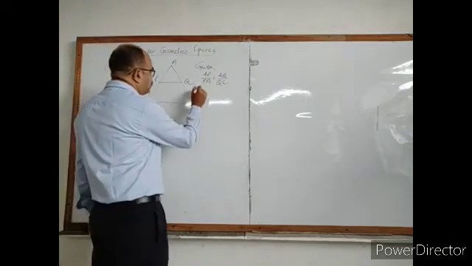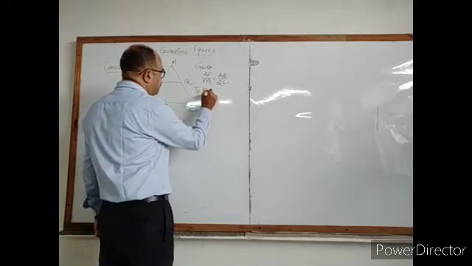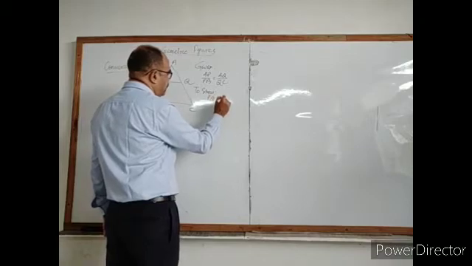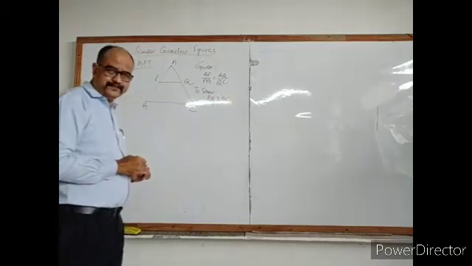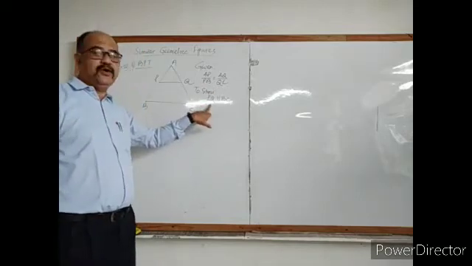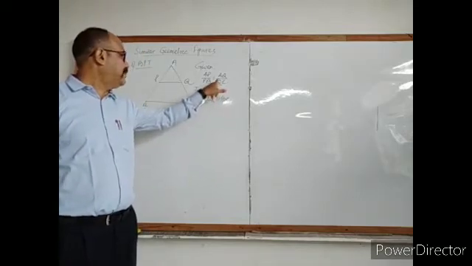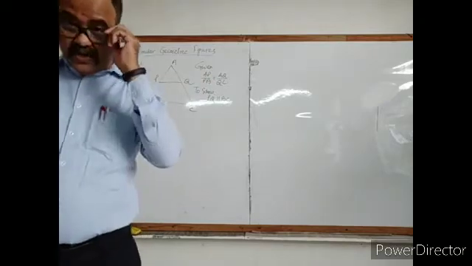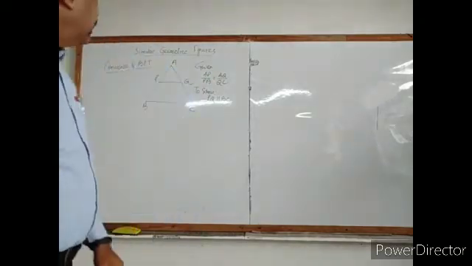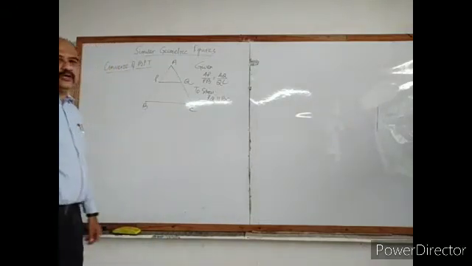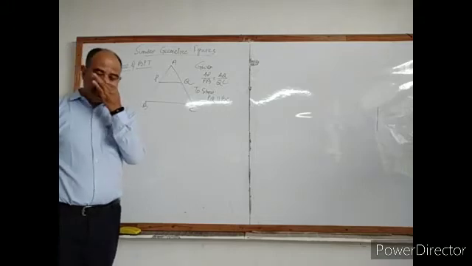Then we have to show that PQ is parallel to BC, that is, we have to prove it. The BPT says if PQ is parallel to BC then AP by PB equals AQ by QC. The converse says that if a line divides the other two sides in the same proportion, then it is parallel to the third side.